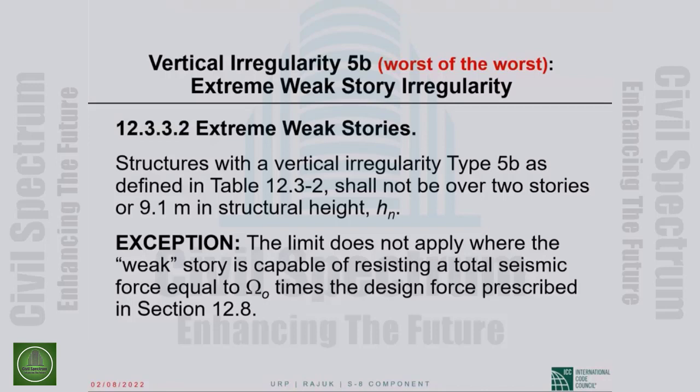In that case, if it is capable of resisting a total seismic force equal to omega sub 0 times the design force, or if you strengthen your columns to that extent, then you don't have to live with this height limit of 2 stories or 30 feet.